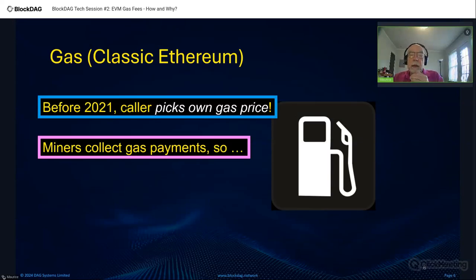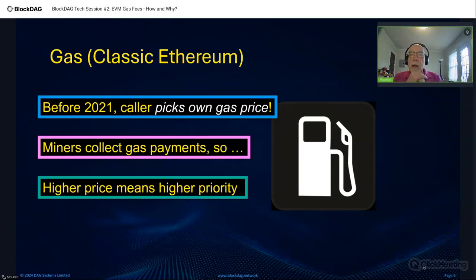So this is a way of signaling which transactions are important. And of course, the way you signal that your transaction is more important is to pay more for it. So it's just like the real world. So a higher price means a higher priority. And this is important because we want the blockchain to be economically efficient. We want important things to have higher priority than unimportant things.